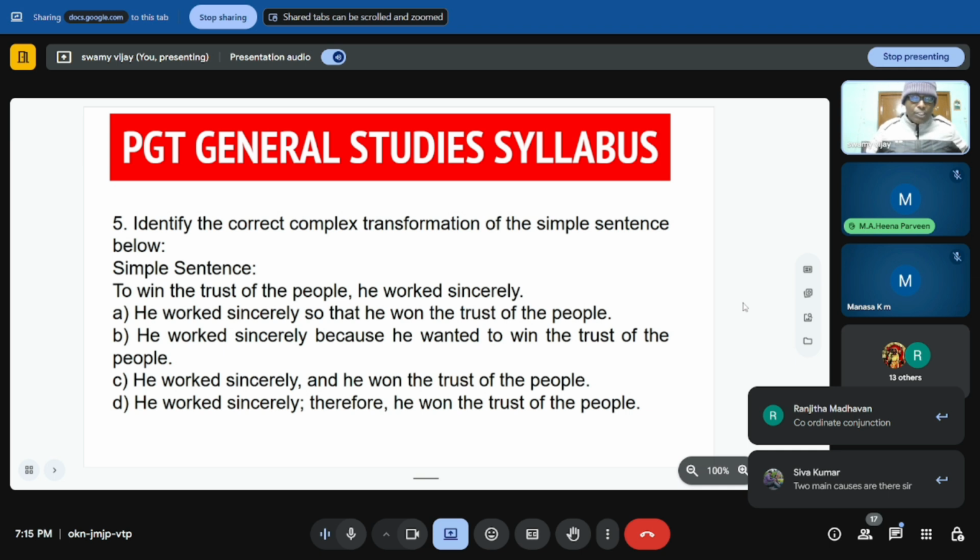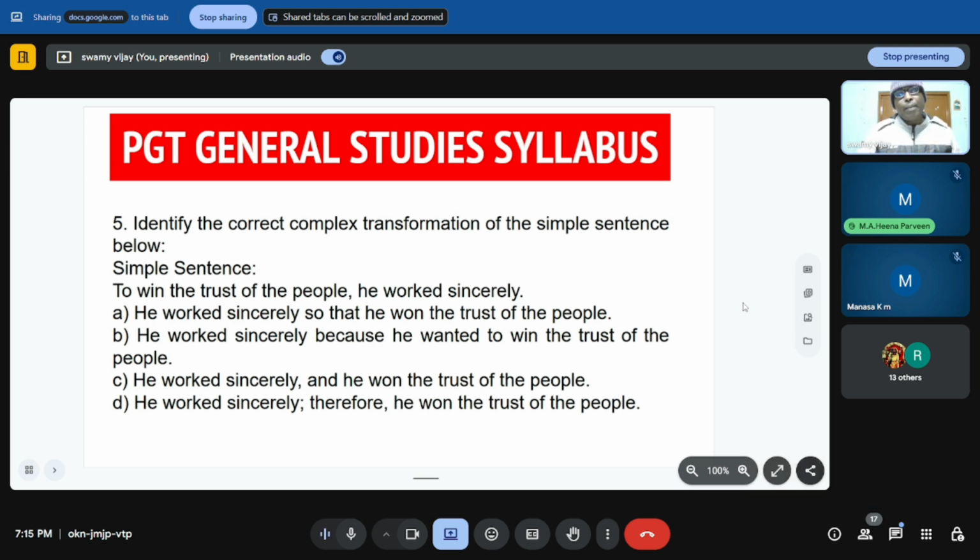Okay, Shivkumar sir, that I understood. Everybody understood. My question is, in the examination, if "therefore" comes, whether it is a conjunction or not. If we accept it is a conjunction, then what type of conjunction is it, subordinate or coordinating? The rule is, if there are two main clauses connected by a conjunction, then it is a coordinating conjunction.